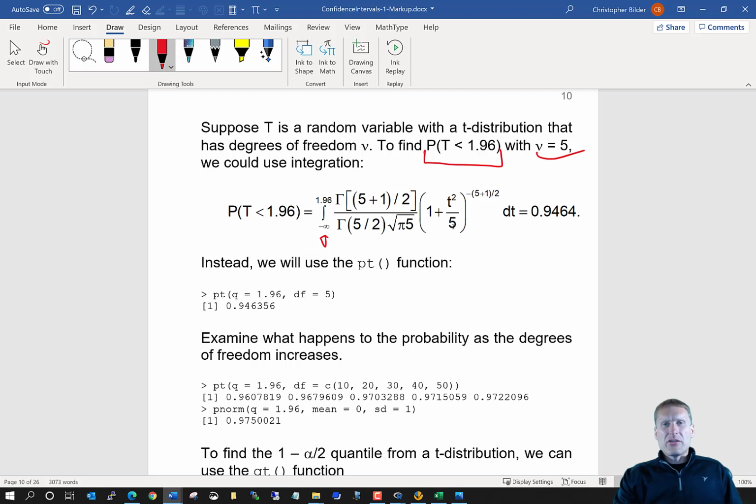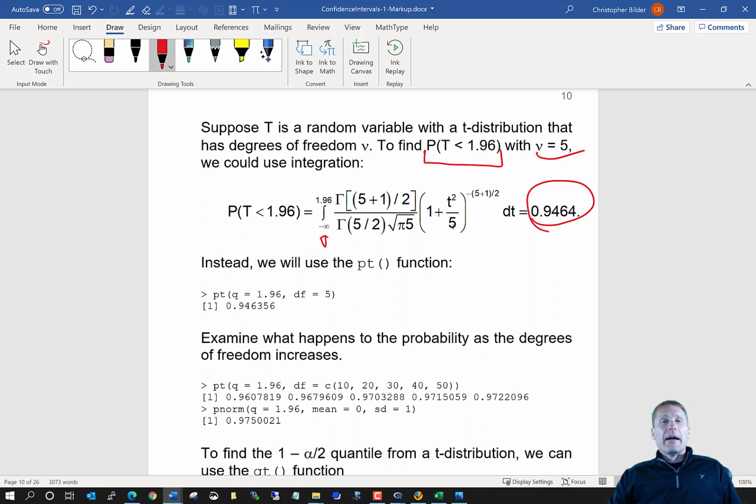I think I failed to mention this: the value t in the t-distribution is defined between negative infinity and positive infinity, just like with the normal distribution. So to find this probability, I would find the integral from negative infinity to 1.96, plug in the value of nu in there, do the calculus, and I get about 0.95.